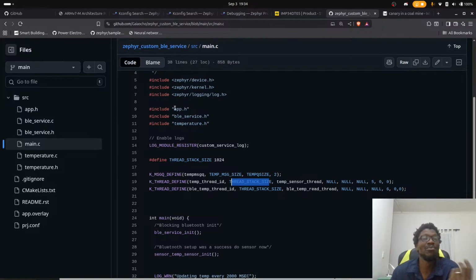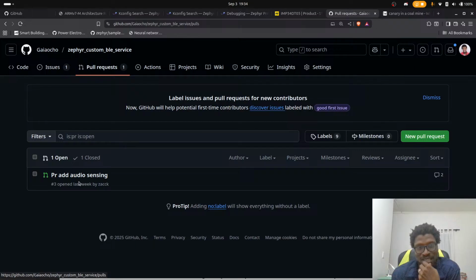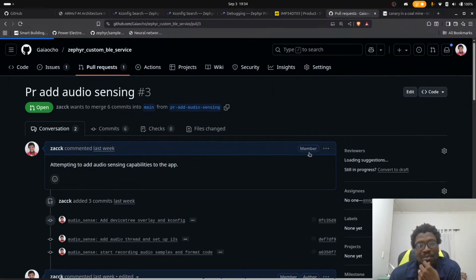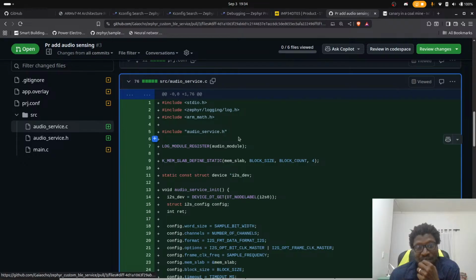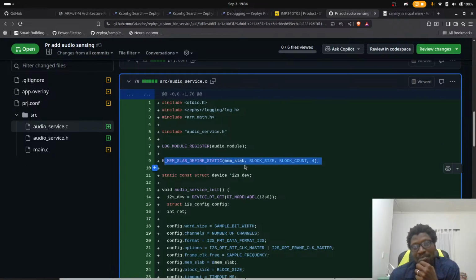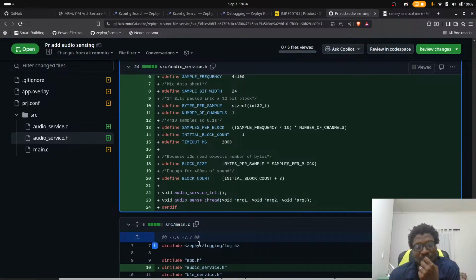I'm jumping through many code bases to show you this, so that we can actually have some sense. If you remember, some files changed, and I think it's going to be the audio service file that we're going to look at. We made a mem slab, and we arranged data in bytes per sample size of int32.